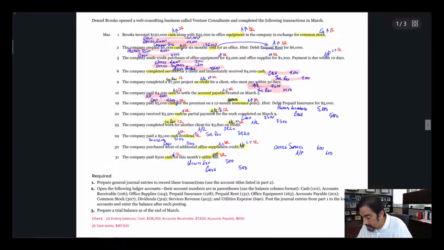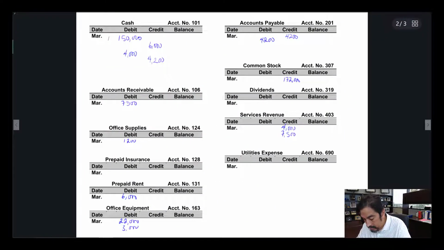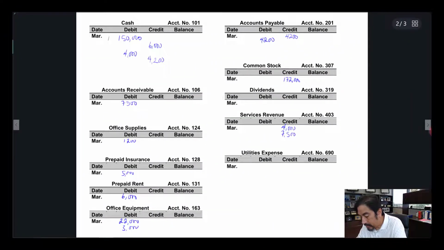I've got a debit to prepaid insurance for $5,000. And a credit to cash for $5,000.